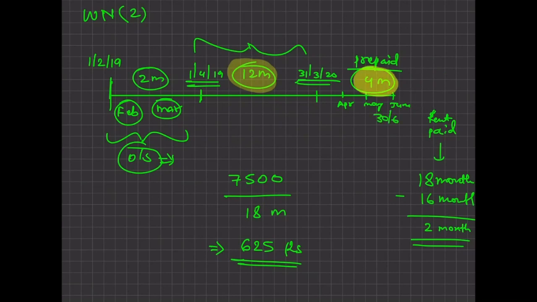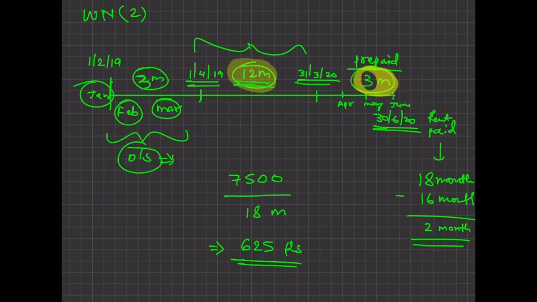This would be 30th of June 2020. So we have not 4 months over here, but we will have 3 months here, 12 months here, and then here also we will have 3 months starting with January, February, and March.